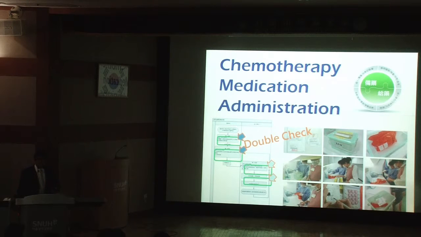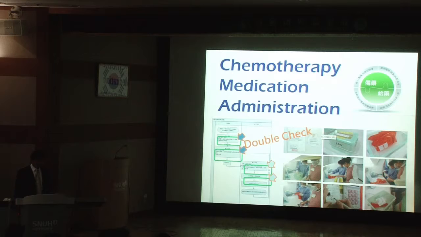So here is the case of chemotherapy medication administration. If you are a nurse, you know the process is quite intensive because of safety. To assure safety during medication administration, they are designed with double checks. What does double check mean? You will ask another independent nurse to come by your side to see what you enter, to see what pump numbers you set.